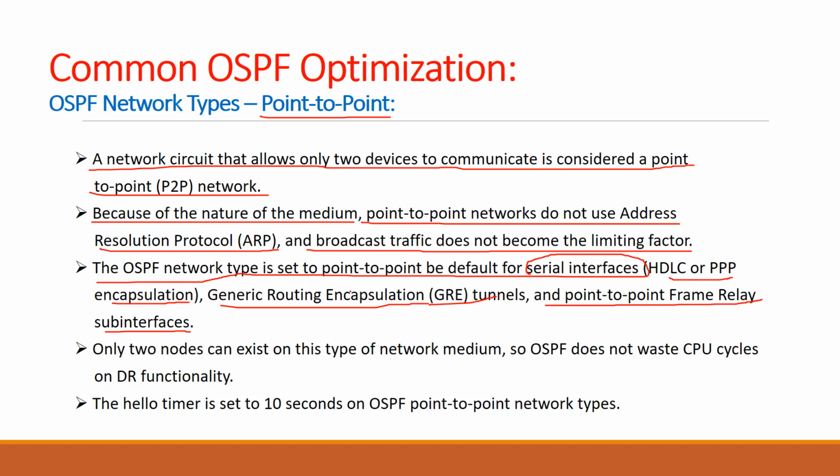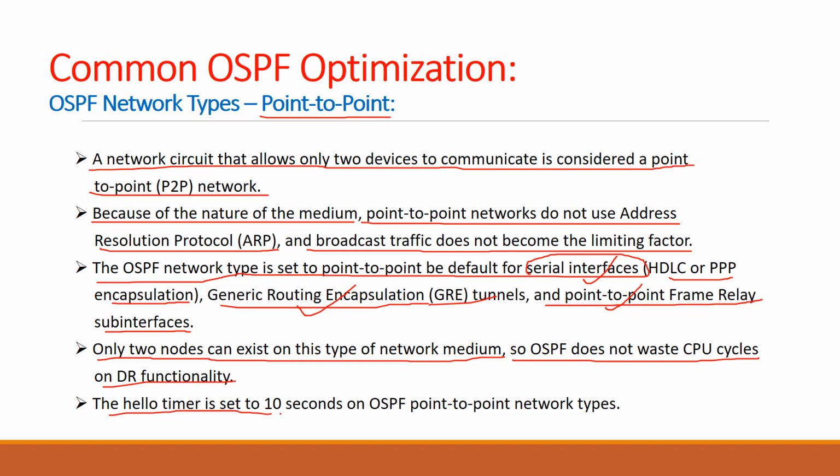So the point-to-point network type is by default used for serial interfaces, generic routing encapsulation, and point-to-point frame relay sub-interfaces. Only two nodes can exist on this type of network medium, so OSPF does not waste CPU cycles on DR functionality.